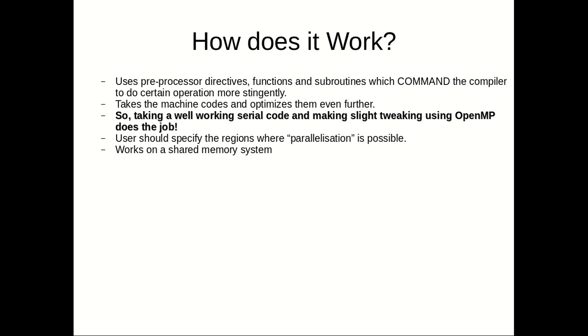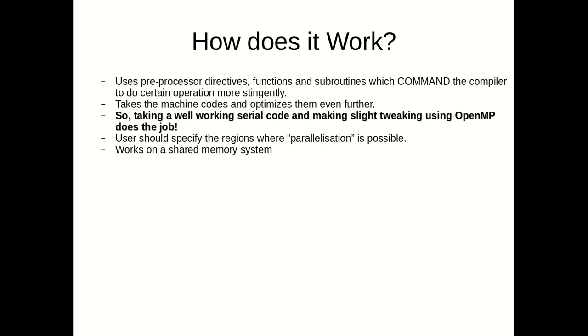That's the advantage of OpenMP. When you do that tweaking, you can run the code in serial mode as well as parallel mode without any disturbance. During this tweaking process, the user should specify the appropriate preprocessed directives, functions, and subroutines in the regions where parallelization is possible. We will know as we go along which region is parallelizable and which is not.